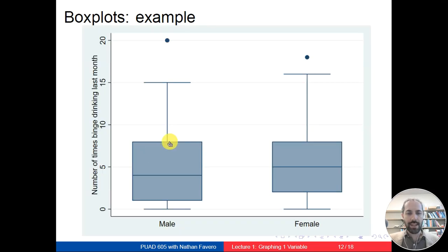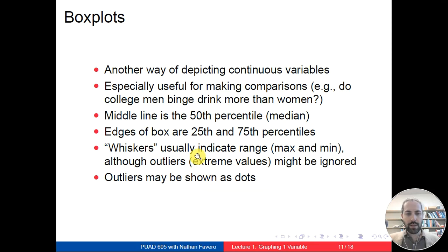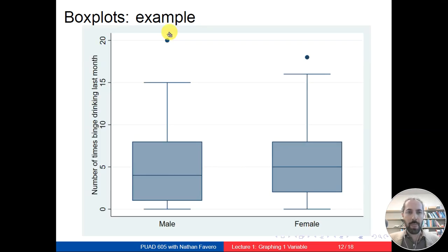What about the whiskers? The whiskers are these lines that come out on the edge. The whiskers are going to indicate the range from the maximum and minimum values that we observe. Although, a lot of times when we calculate this range, we're not going to use the absolute maximum and the absolute minimum. Instead, we're going to exclude what are called outliers, which just mean extreme values. So you can see here that there's at least one respondent among the males who says that they binge drank 20 times in the last month.